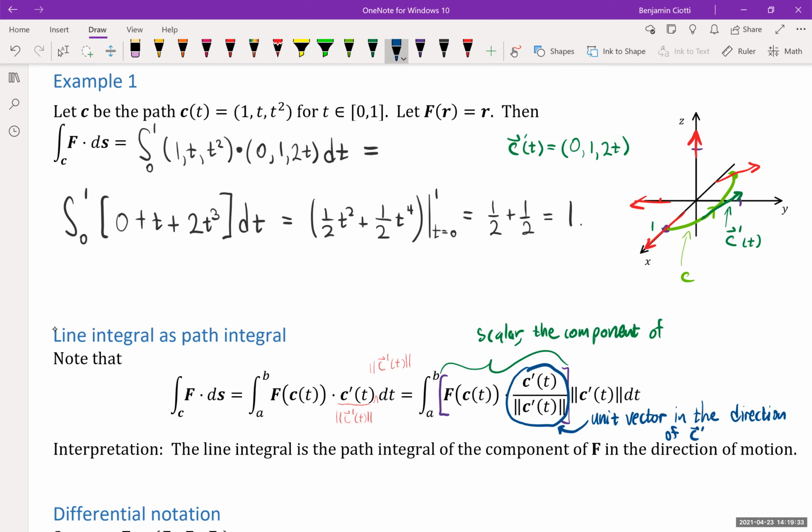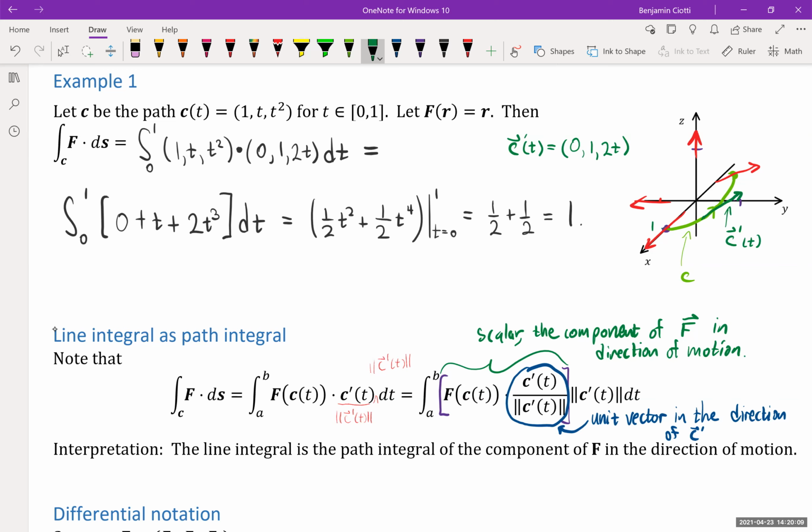Basically in the direction of motion, okay? So this scalar right here is the component of F that's in the direction of motion. So this is what I was trying to say at the beginning of the lecture when I was talking about how work just adds up the components of force that are in the direction of motion. So we're just picking off the component that's in the direction of motion.